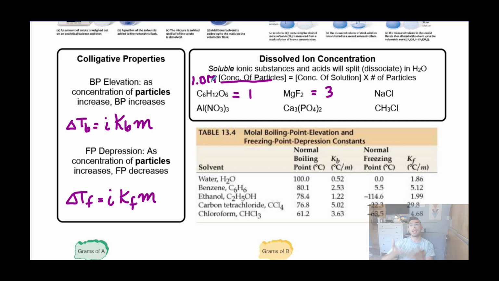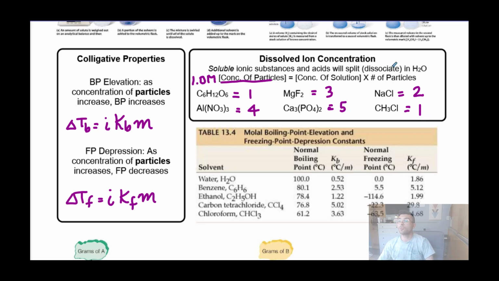So the ion concentration is actually going to be greater than the solution concentration for the unit. NaCl will have an i value of 2. Aluminum nitrate will have an i value of 4. Calcium phosphate will have an i value of 5. And chloromethane, being molecular covalent like glucose, will have an i value of 1.